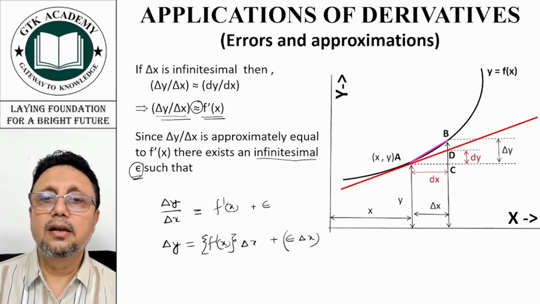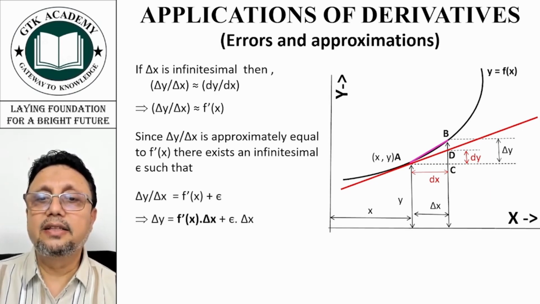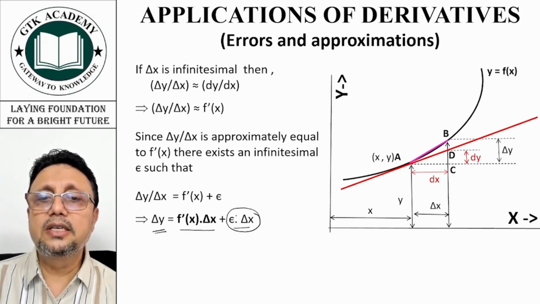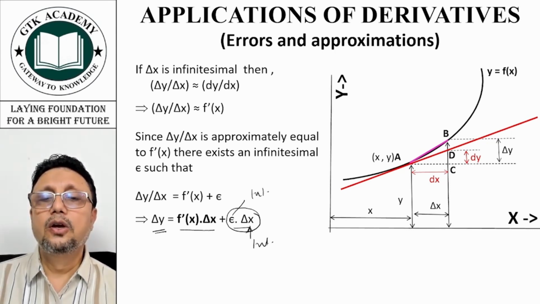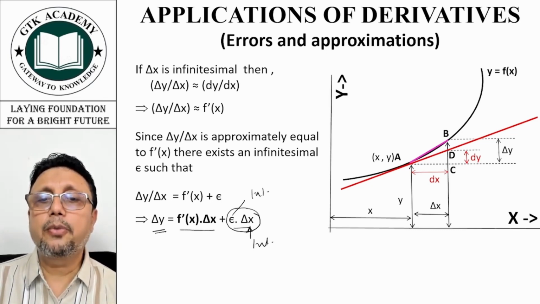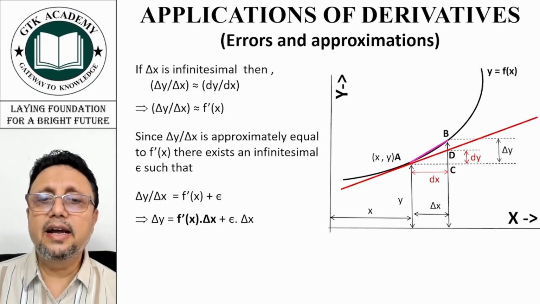Hope I am clear. So we write the equation like this. Now since epsilon is infinitesimal and delta x is also infinitesimal, so they both are extremely small, so their product is even smaller. So we can neglect this term.